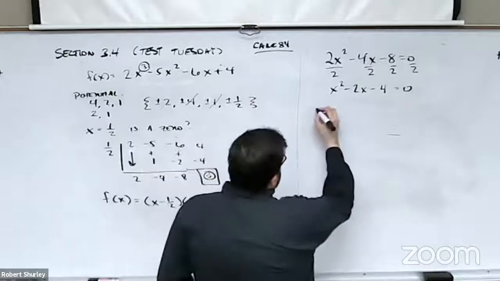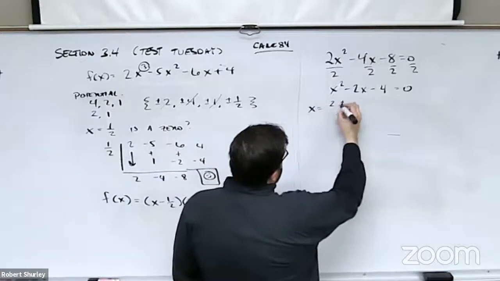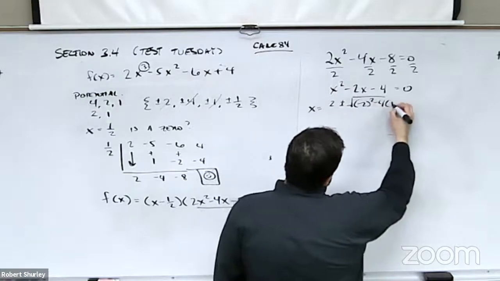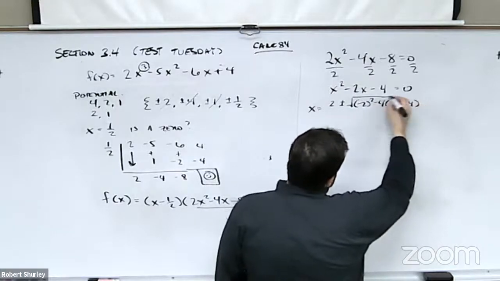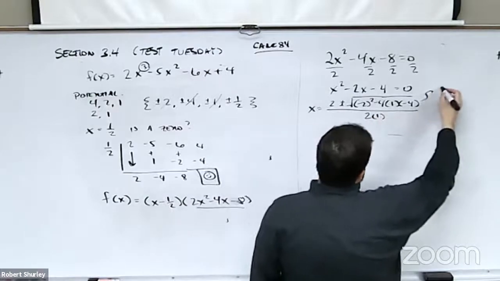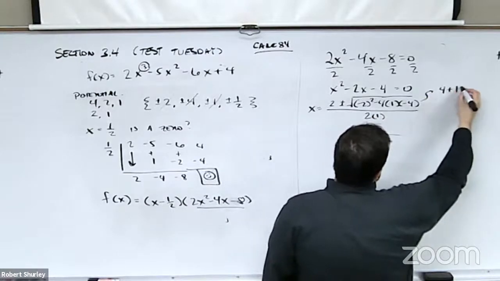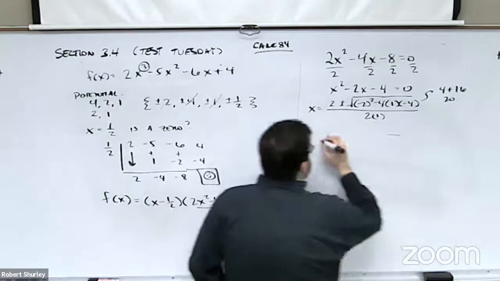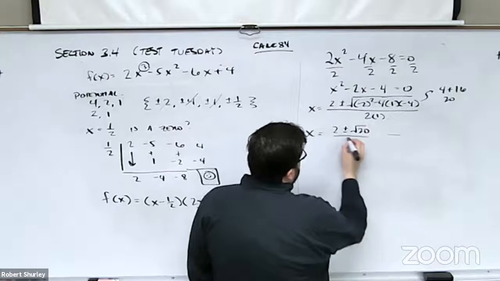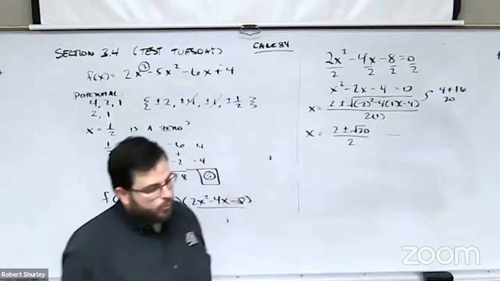Okay, so I'm going to solve it out. x equals 2 plus or minus the square root of b squared minus 4 times a times c, all over 2a. Underneath the radical, we get 4 plus 16. So we get 20. So we get x equals 2 plus or minus the square root of 20 all over 2.